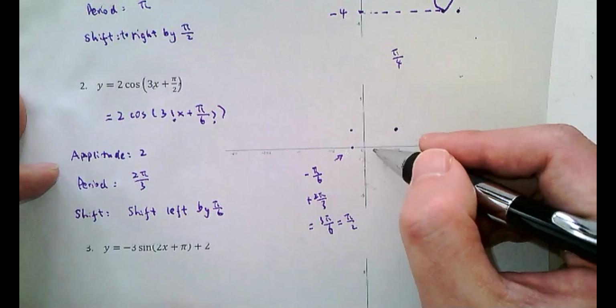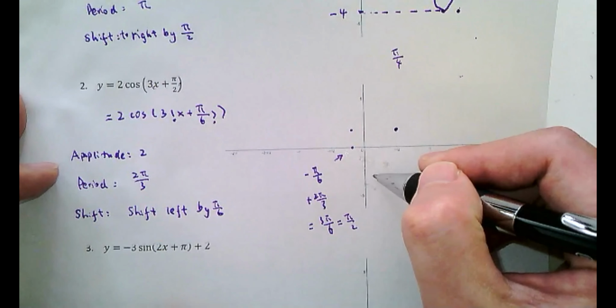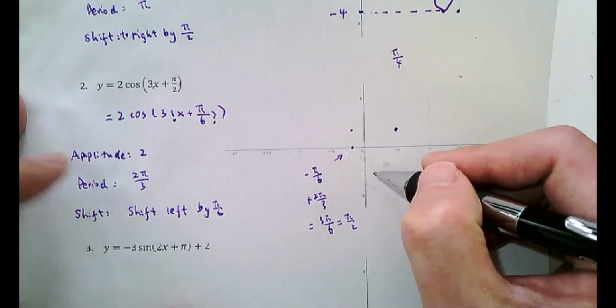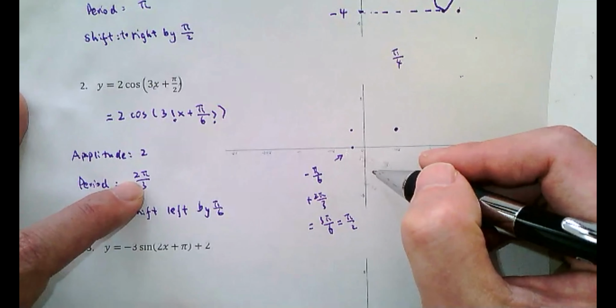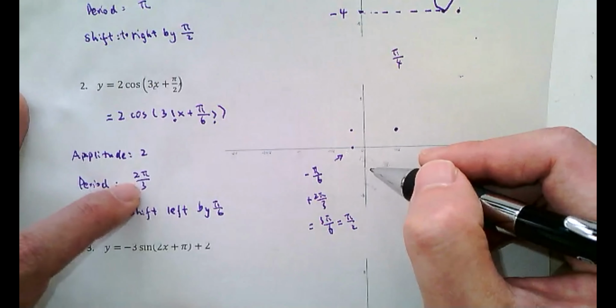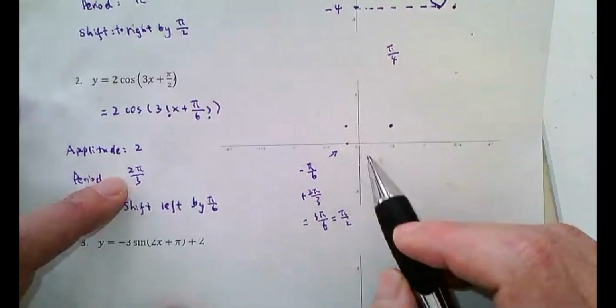And the middle point is where it attains minimum. Or you can say it goes to its minimum if you add half of the period, okay? Just remember how the cosine looks like.